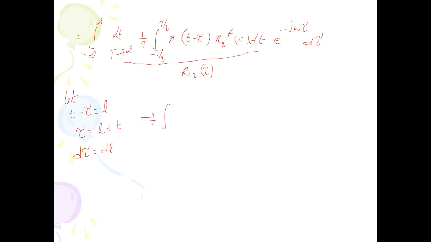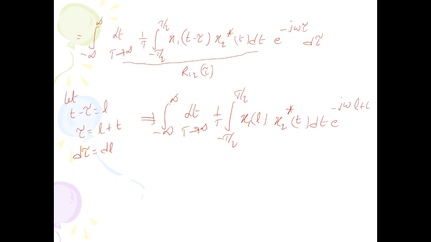Now integral minus infinity to plus infinity, limit T tends to infinity 1 by T integral minus T by 2 to T by 2 x1 of L into x2 star of t dt e power minus j omega (t minus L) dL.